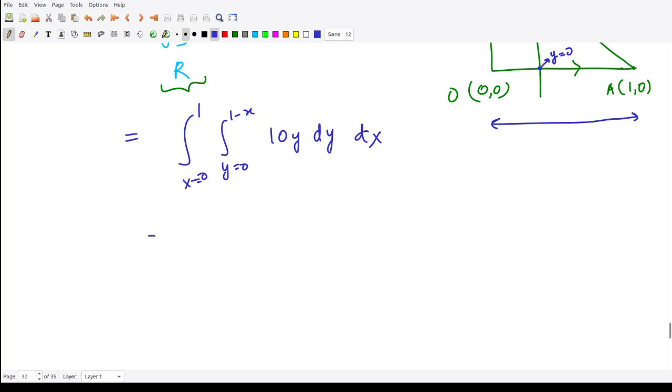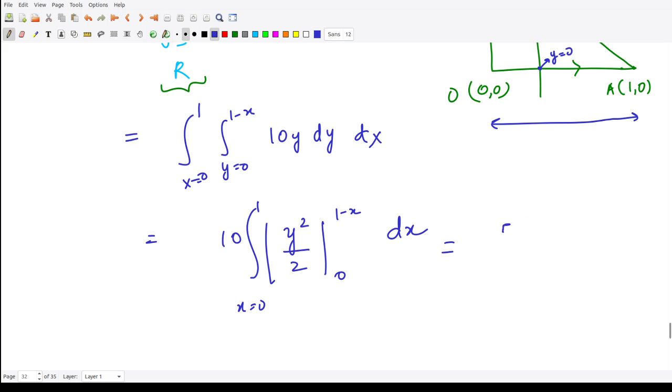So when you solve this integration, it would be 10. The integration of y would be y square by 2, and the limits of y would be from 0 to 1 minus x. So this is what you have. So it would be 5 times 1 minus x whole square dx, and integration of x varying from 0 to 1.